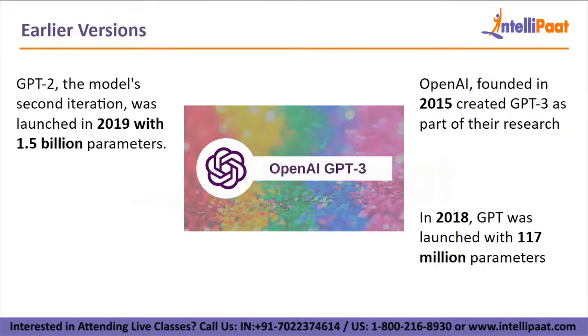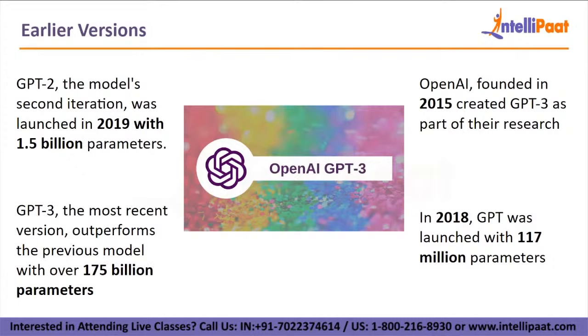The GPT-2 model's second iteration was launched in 2019 with around 1.5 billion parameters. And finally, GPT-3, the most recent version, outperforms the previous models by a considerable margin, with over 175 billion parameters, more than 100 times its predecessor and 10 times that of comparable programs.